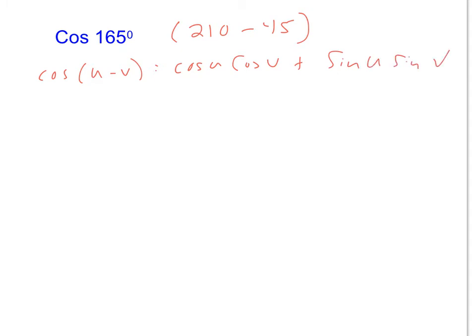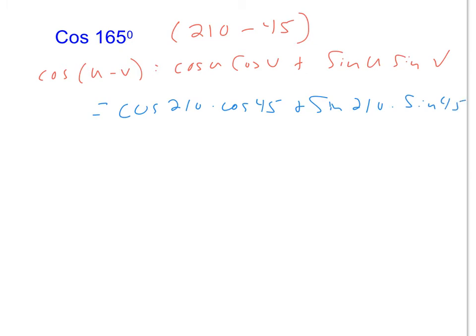Once again, I'm going to replace u and v with 210 and 45. So this is equal to cos 210 times cos 45 plus sine 210 times sine 45.